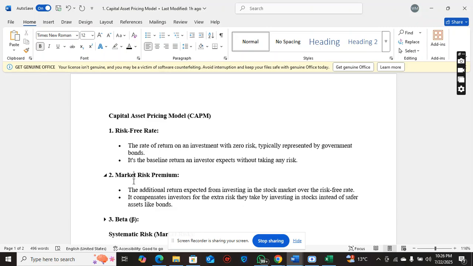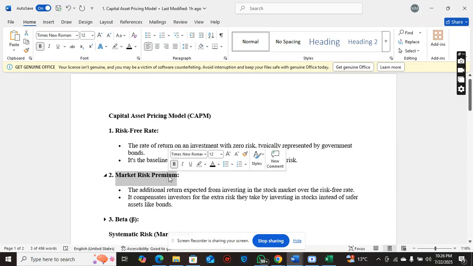Securities with no risk expect low returns. So if you choose to invest in the shares of companies instead of government securities, you're going to get an extra return. And that extra return is called the market risk premium. It's just the additional return you get from investing in the stock market over risk-free securities.